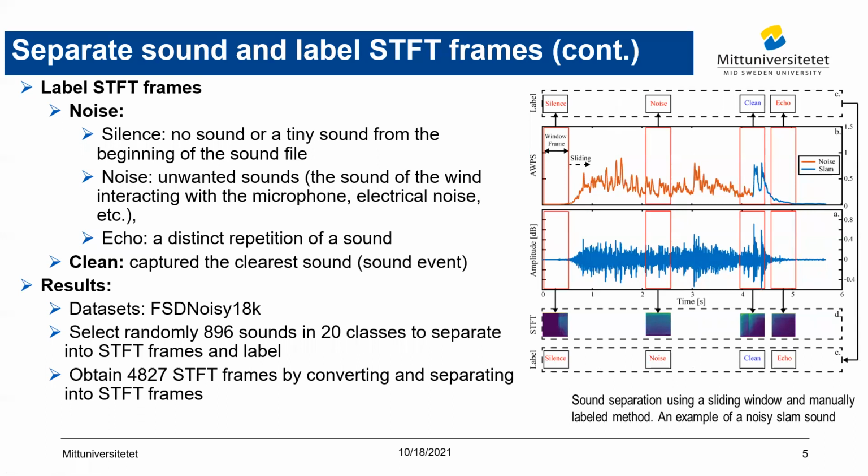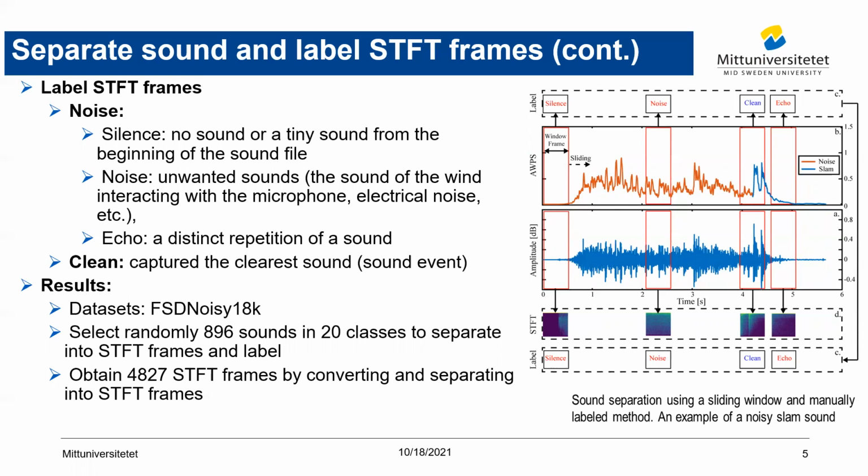The silent part contains no sound or a tiny sound from the beginning of the sound file. The noise part is unwanted sound, for example, the sound of the wind interacting with the microphone, the electrical noise, and so on, which is not an event sound.